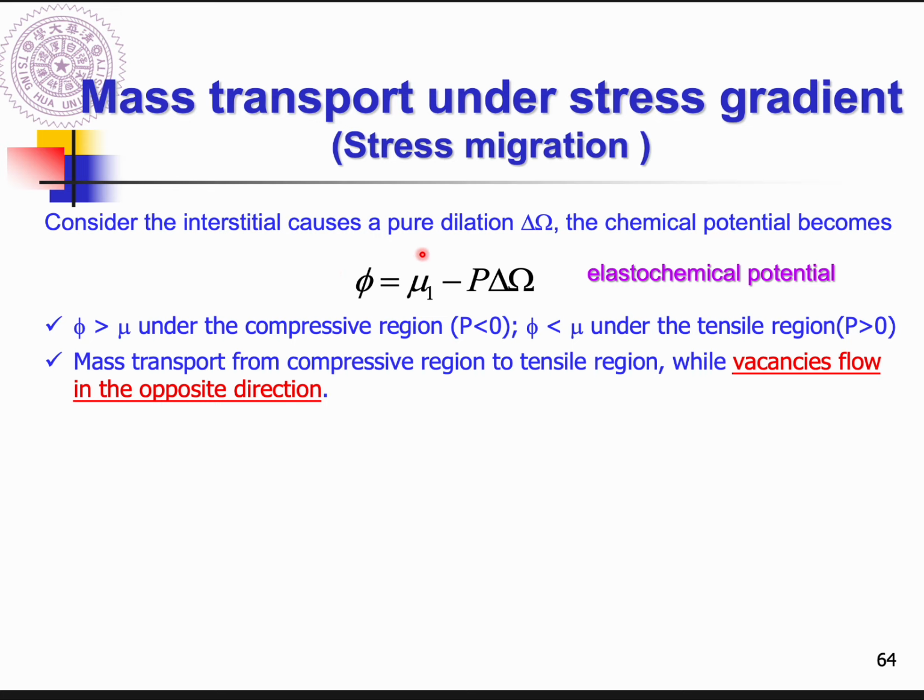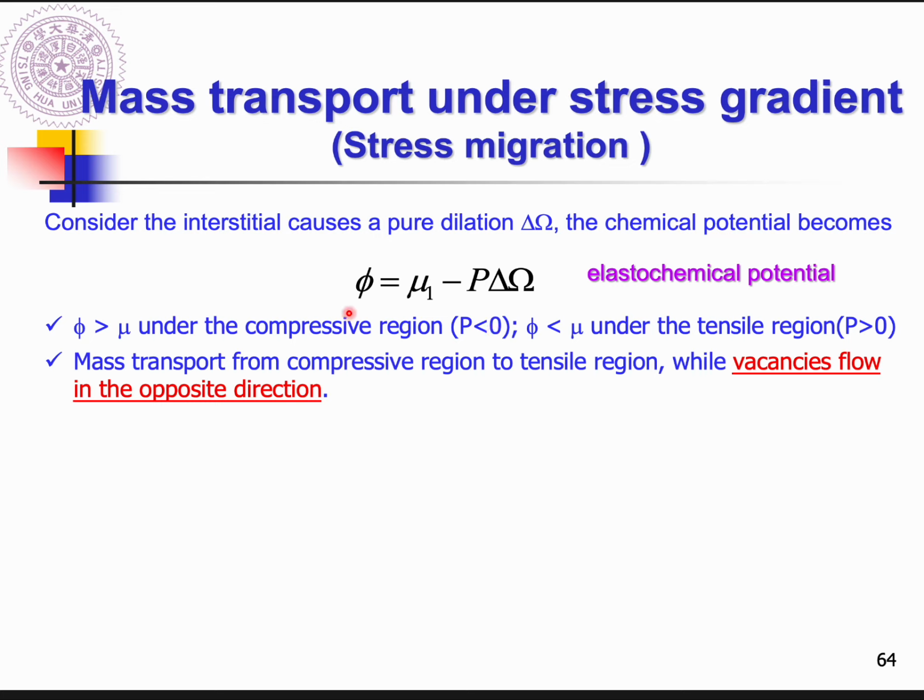So now we consider interstitials that cause a pure dilation delta omega. And the chemical potential can become like this. This mu1 is the chemical potential of atom A in pure material, or under no stress field. And we need to add an extra term, which is induced by the stress field, right?